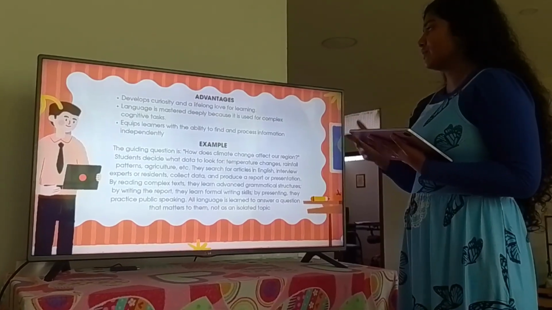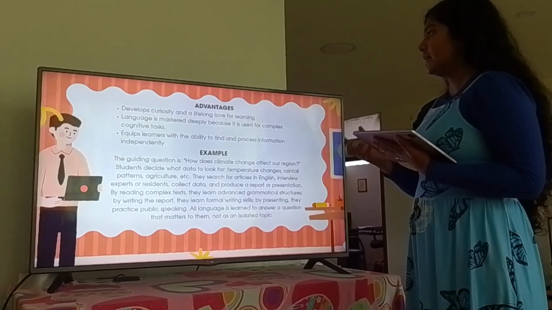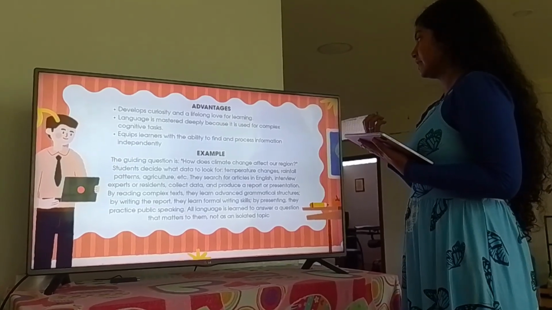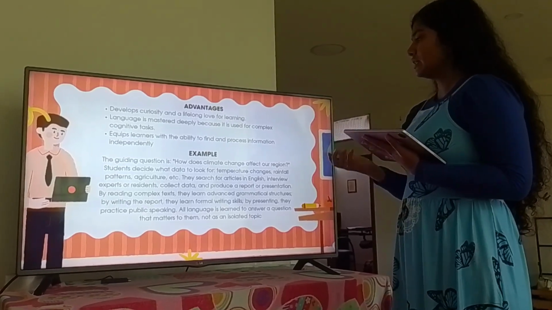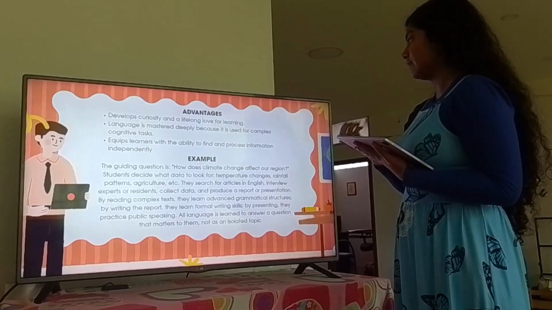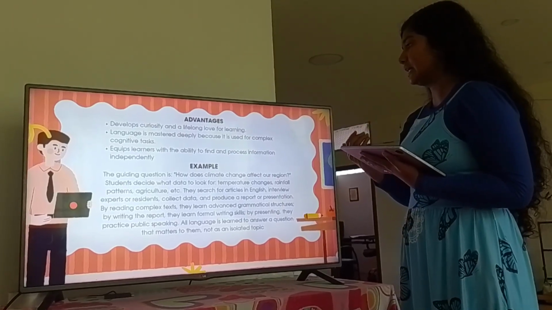Advantages. Develops curiosity and a lifelong love of learning. Language is mastered deeply because it is used for complex cognitive tasks. Equips learners with the ability to find and process information independently.